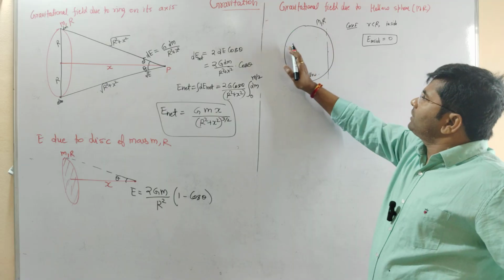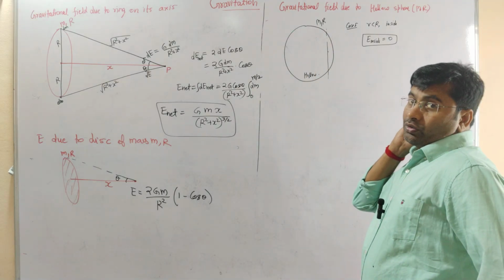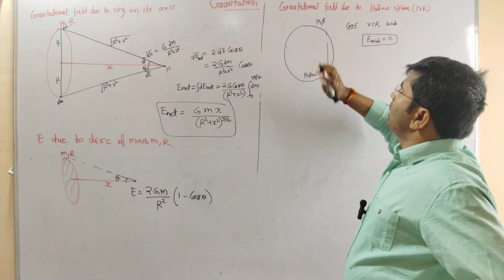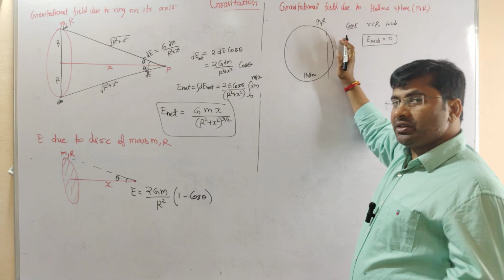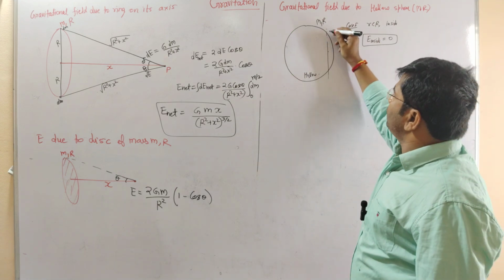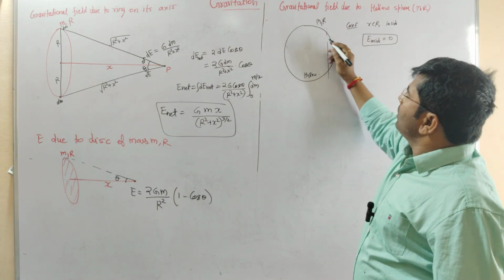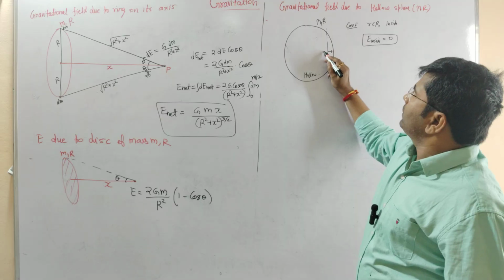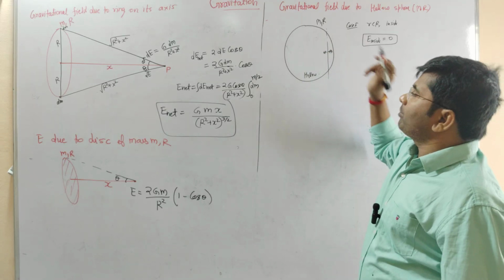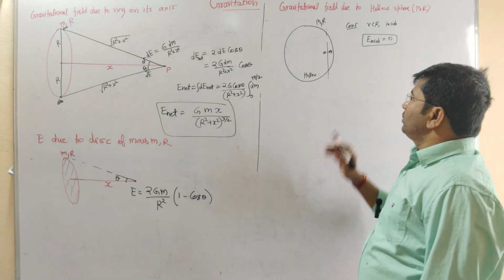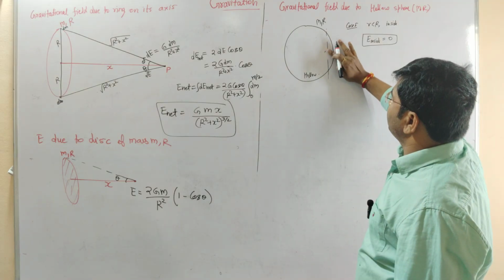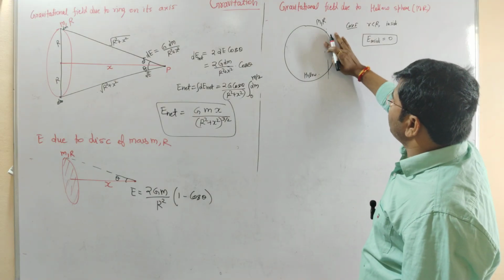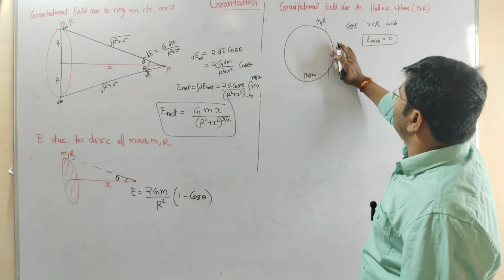You may say, sir, the left side has more mass, so it should be more, but the distance is also more. The right side has less mass, but the distance is also less. So this part will apply a field like this, and this part will apply a field like this. They will be equal and opposite, giving 0. So it is proved also. That's why inside a hollow sphere the field will always be 0.